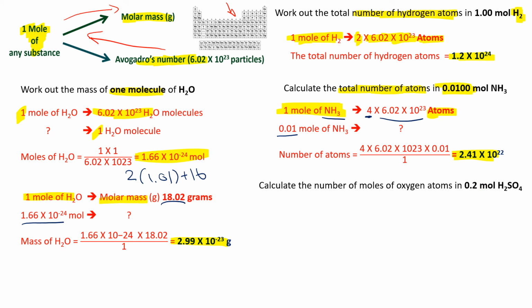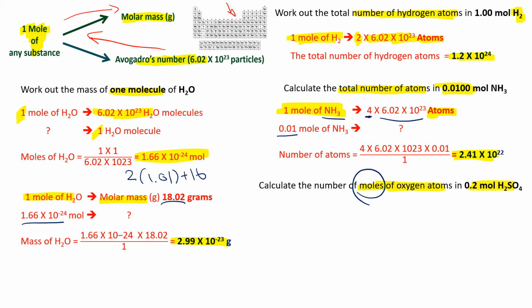Let's check another example. Calculate the number of moles of oxygen atoms in 0.2 mole H2SO4. Here there is a tricky part. What's the tricky part? It's asking about the number of moles. Okay, so we will not use Avogadro's constant here.